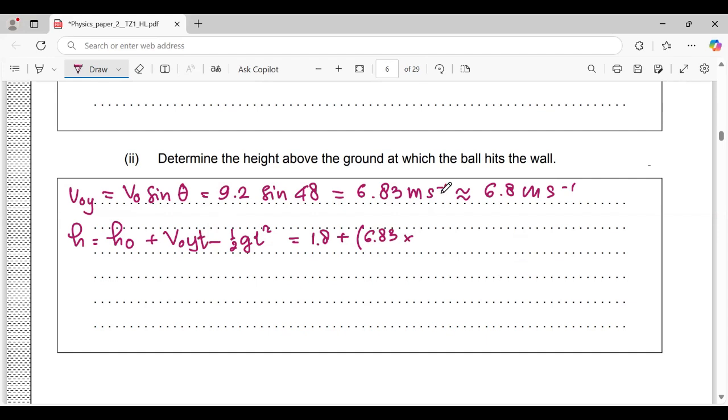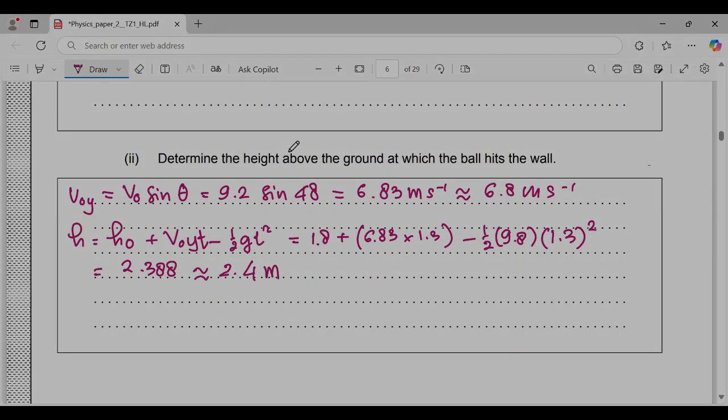Okay, t is 1.3, minus half times 9.8, times 1.3 squared. And if you calculate this, the result is 2.388, rounded to 2.4 meters.